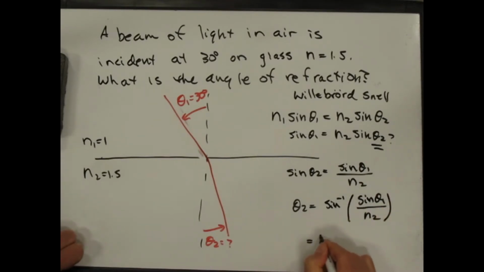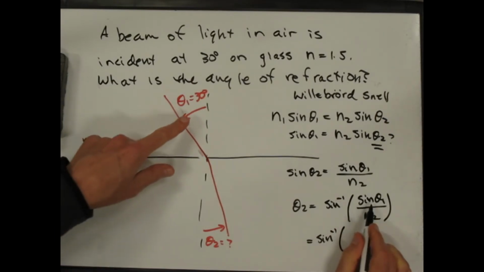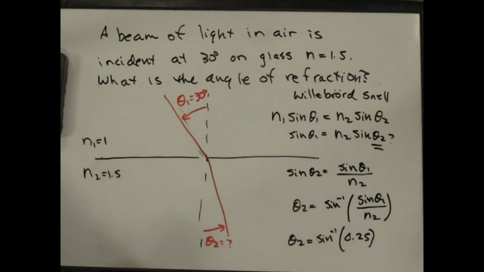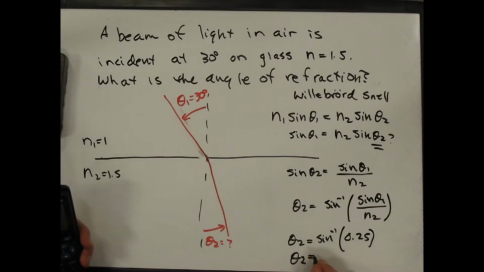That's equal to sine inverse of, the sine of 30 degrees is 0.5, divided by 2 is 0.25. Using my calculator, I take the inverse sine of 0.25, and I get about theta 2 equals 14.5 degrees.